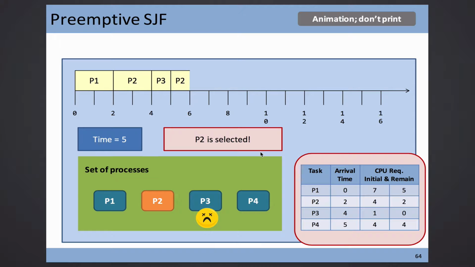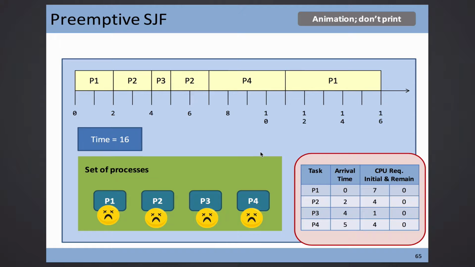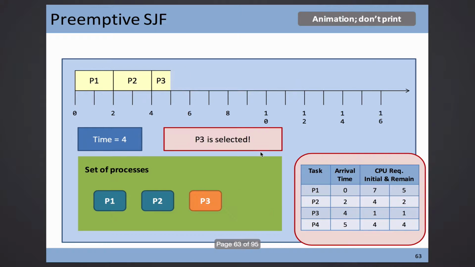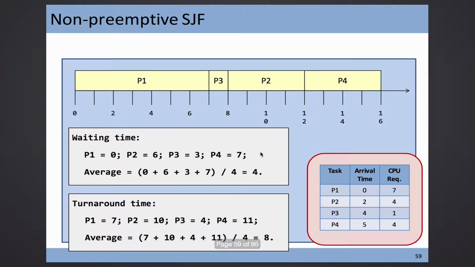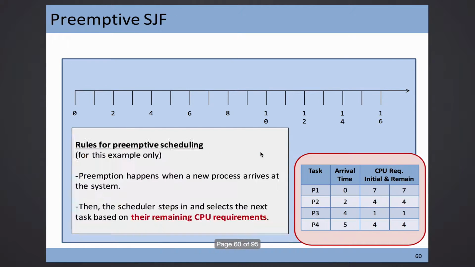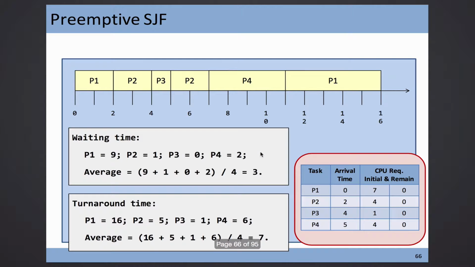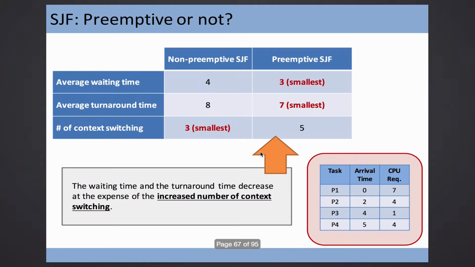So I will run P2 until it finishes, then continue with the schedule, and we will have this schedule like this. Okay? Now the ordering doesn't make any difference, because you can take a look, the finishing time doesn't change. I don't incur extra penalty. It's still 16 compared to the previous case. Also 16.